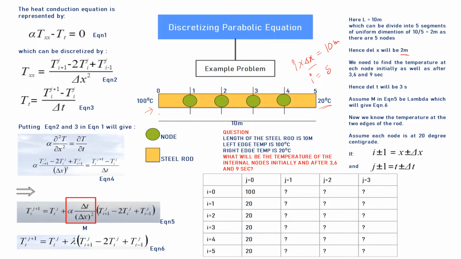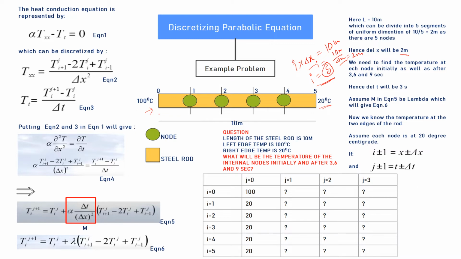Or if I take the left hand side node as 0, then I is equal to 5, right? So if we begin from 0, we will end on 5. This can be found out from here: I is equal to 10 meter by del x, and del x is equal to 2 meter, so I will be equal to 5.